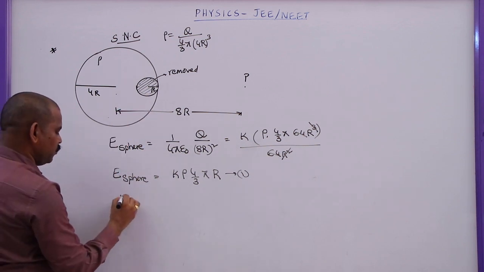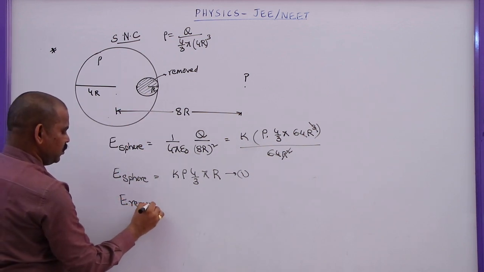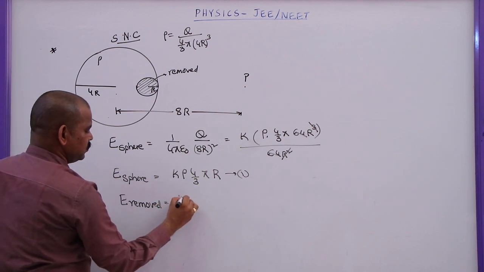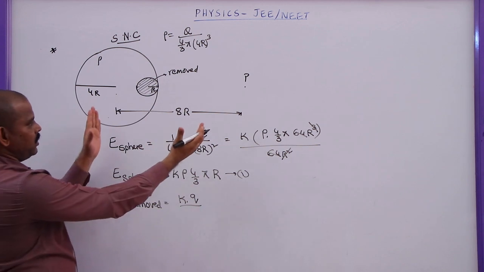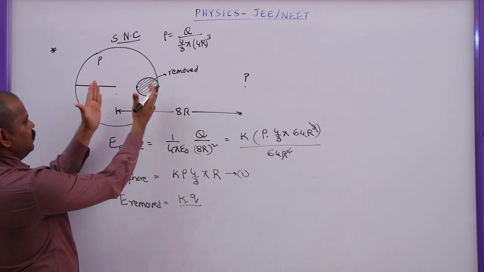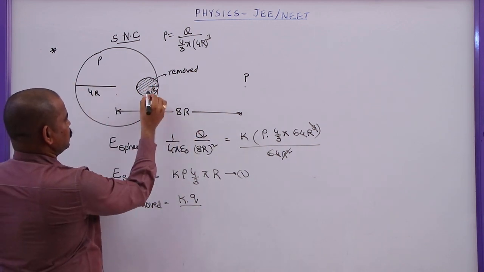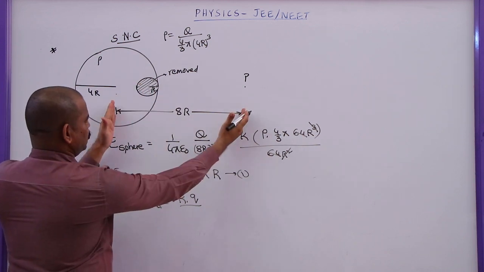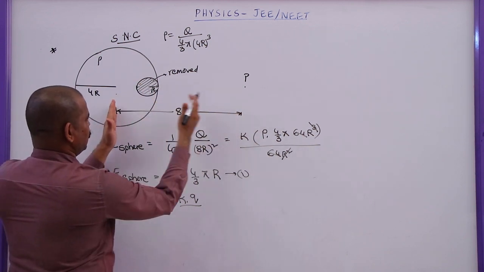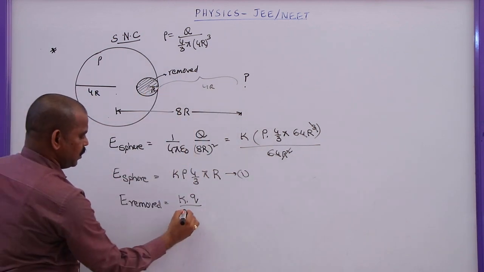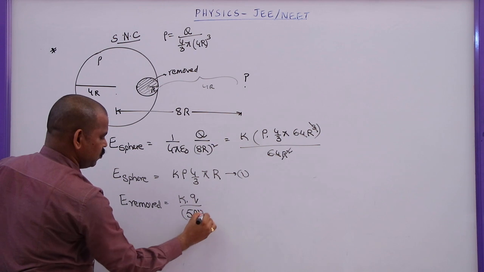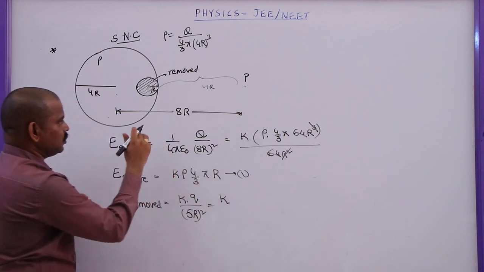Now, if you take this sphere and remove this portion, the electric field due to the removed portion is k small q by this distance squared. See this diagram: from here to here is 4r, this is 4r, this is 8r. So this will be 4r, but from the center of the removed sphere it will be 5r. So this is 5r whole square. What is this q?